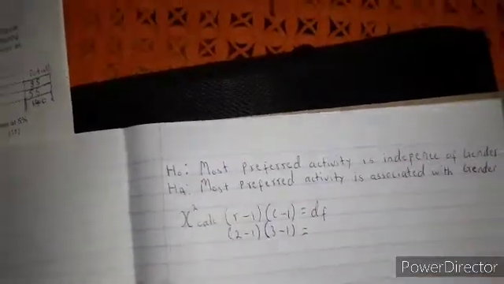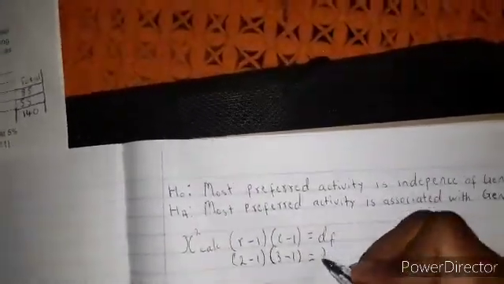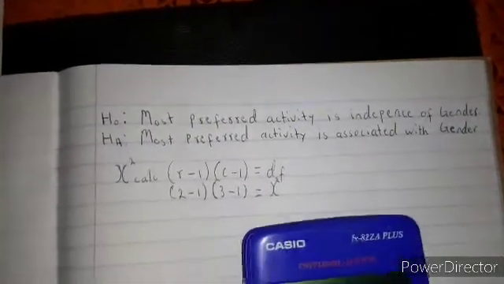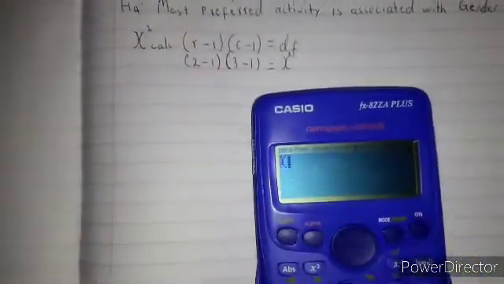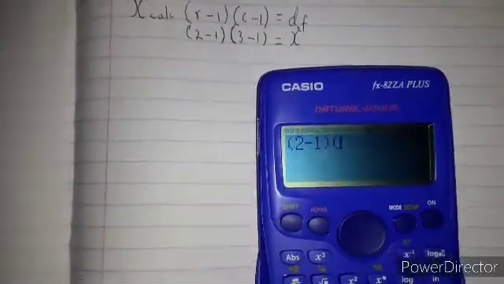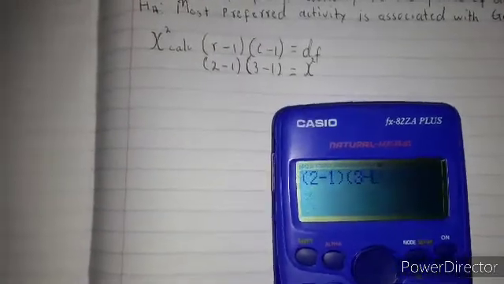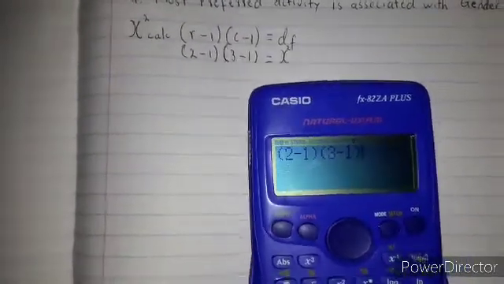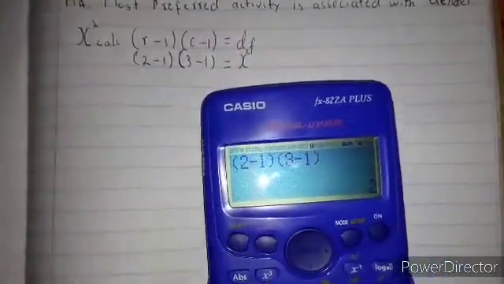So 2 minus 1 close bracket, times 3 minus 1, is equal to 2.